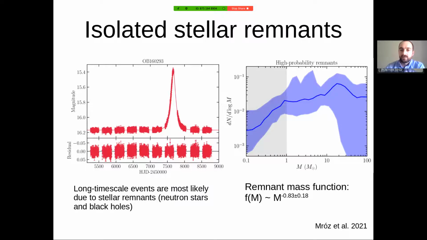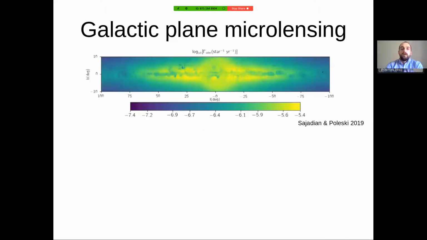So our recent results show that the mass function of black holes is basically flat in the logarithm of mass, and also there is no large gap between black holes and neutron stars. All of these results are based on observations of the galactic center.